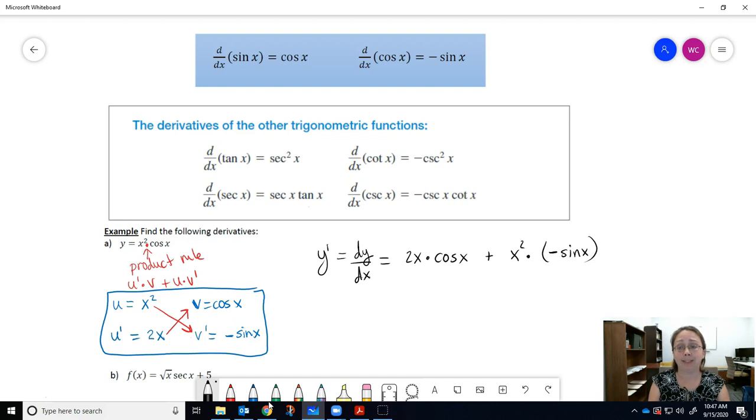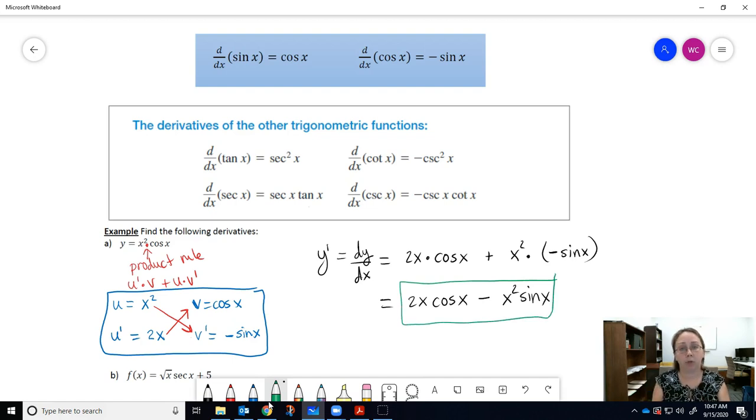If you don't put parentheses, it's going to look like a minus sign, and I have students write it like a minus sign, and that's not what it is. So because of this multiplication, I know that I need to multiply the negative sign times the positive x squared. Simplify, so you have 2x cosine of x minus x squared sine of x. If you want to factor out an x, you can, but this would be good for me. I'd be happy with this answer.